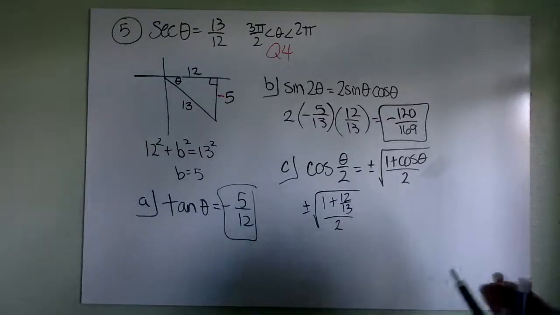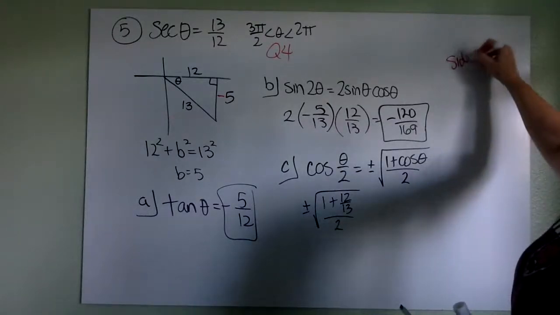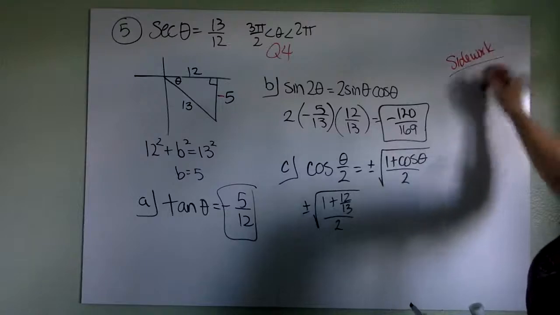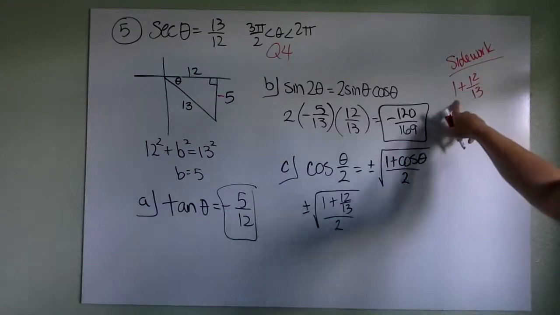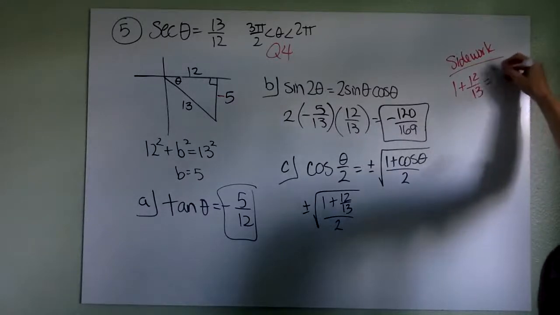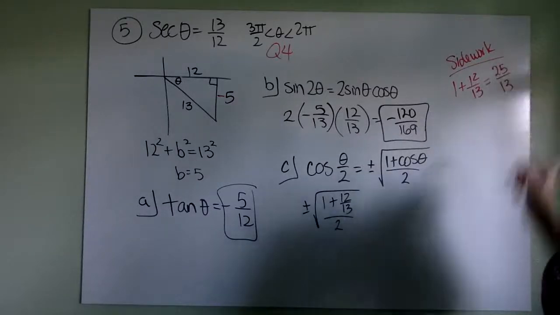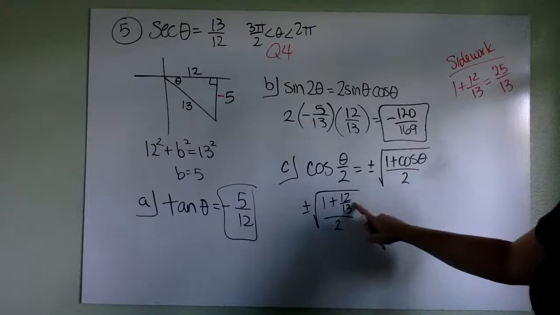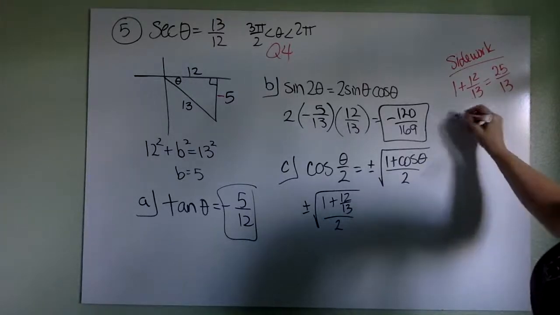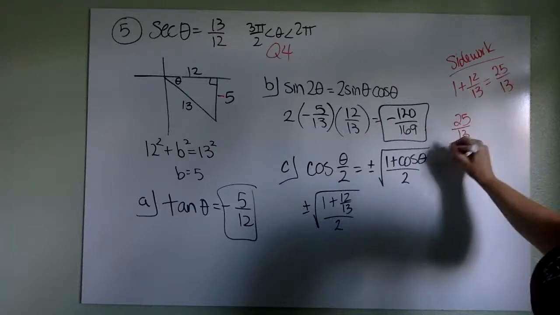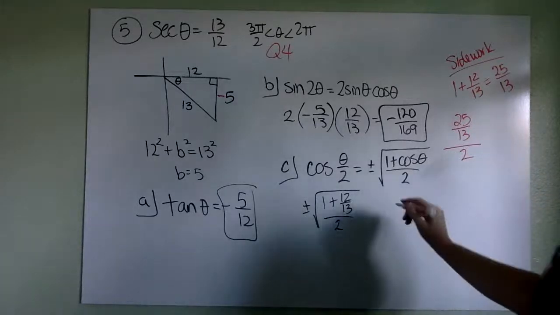So I'm just going to do a little side work over here. 1 plus 12/13 is the same as 13/13 plus 12/13, so 25/13. So we should have 25/13 on the top, all of that divided by 2.